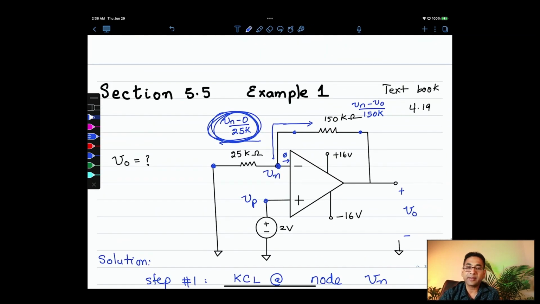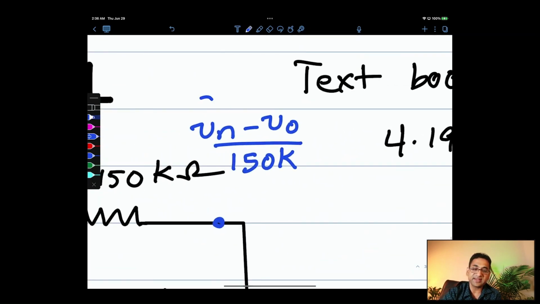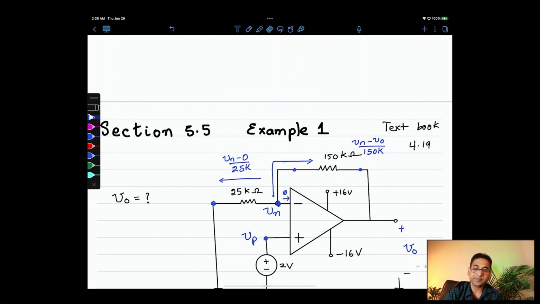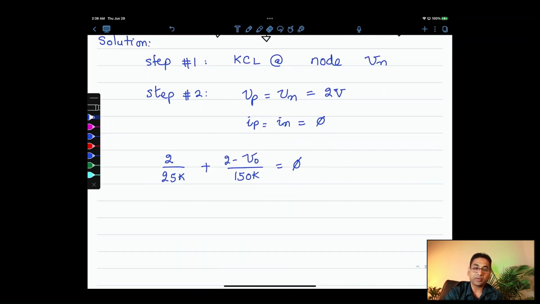How did I get this? Because it is Vn minus Vo over 150 kilo ohms, and I know Vn is 2. Alright, now let's simplify this equation.